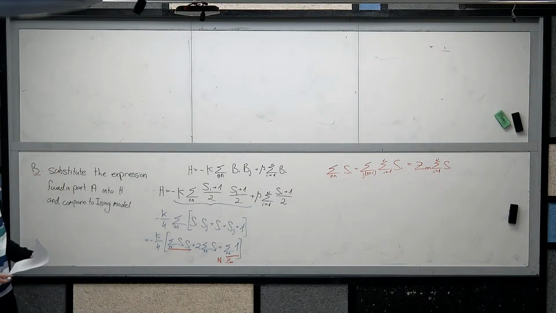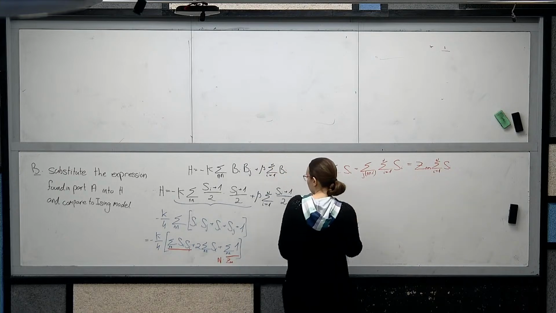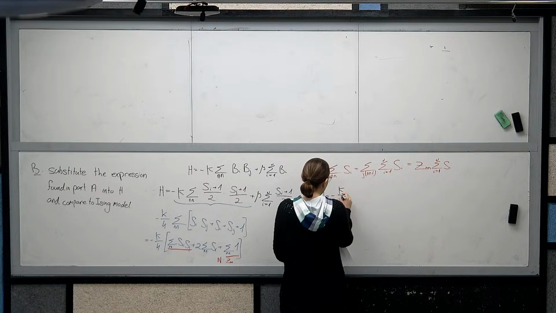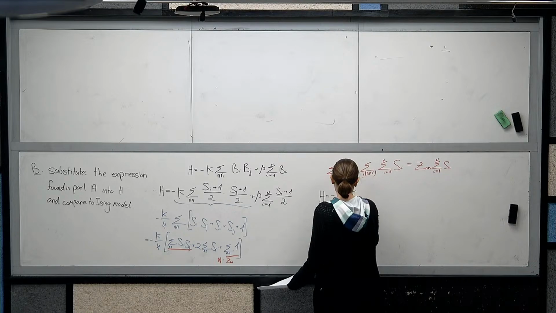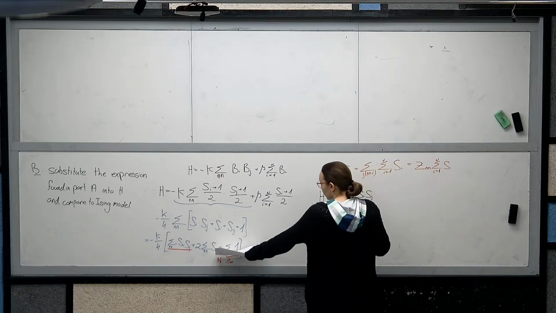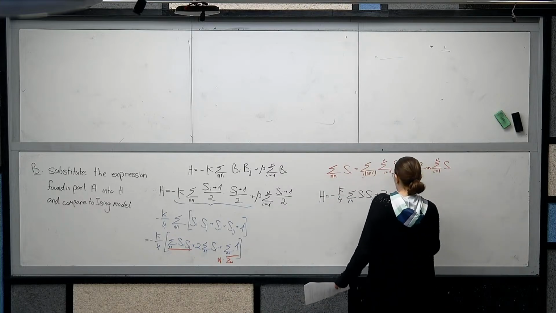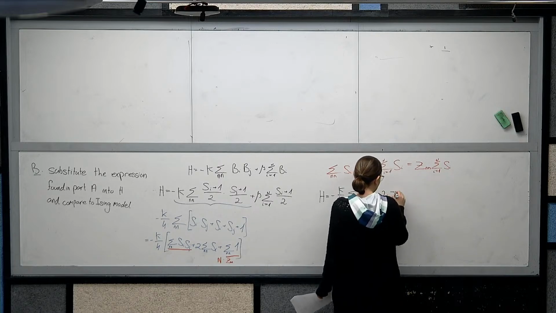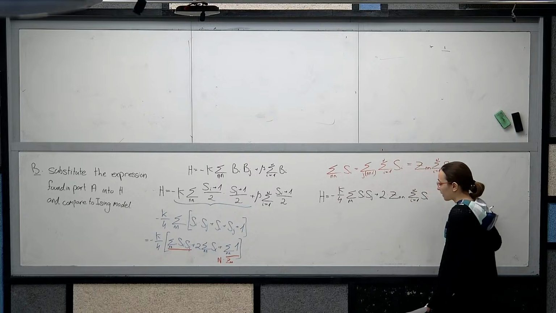Okay, let's see what this gives us in the Hamiltonian. So now H equals, we have the interaction, minus k divided by 4 times the summation on nearest neighbors of Si Sj. Second, let's take these terms. So we have plus 2 times z and n, summation from i equals 1 to n of Si.